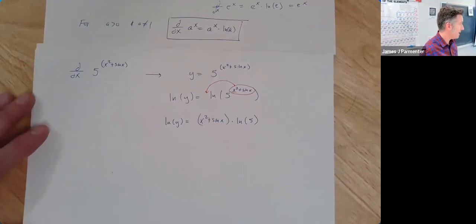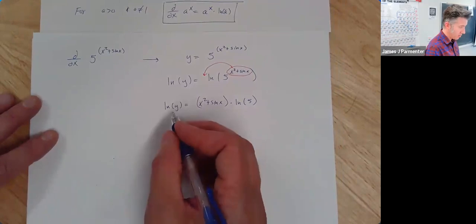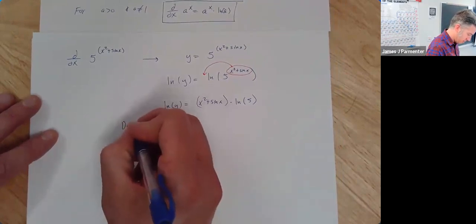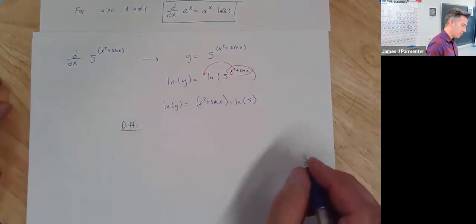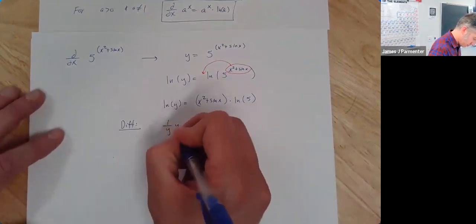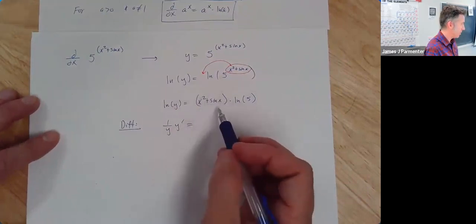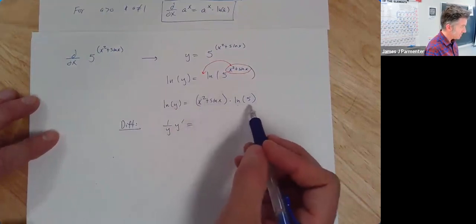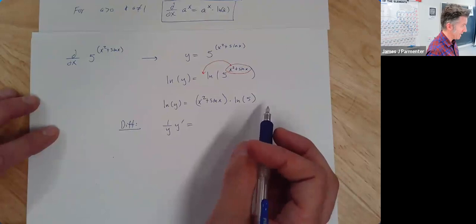And now, just like last time, we can differentiate both sides. The derivative of the natural log of y is still 1 over y times y prime. Will always be. The derivative of this function, x squared plus sine of x times this constant, the constant gets to hang out. Constant multiples get to hang out.